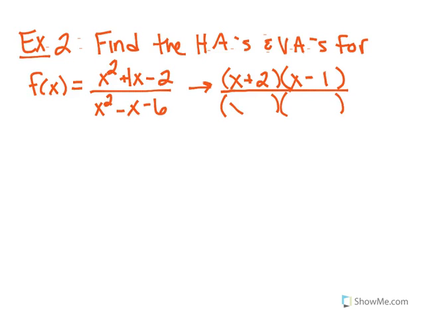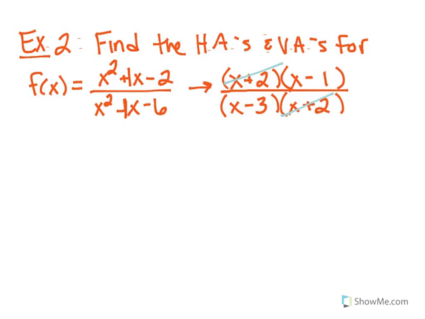And in the denominator we have x, and I need factors of 6 that give me a 1. That's going to be 3 and 2, and it needs to be negative. So negative 3 and then plus 2 will give me a negative 1, which is what I have right here. So anything that they have in common we're going to ignore for now, so the x plus 2's will cancel.